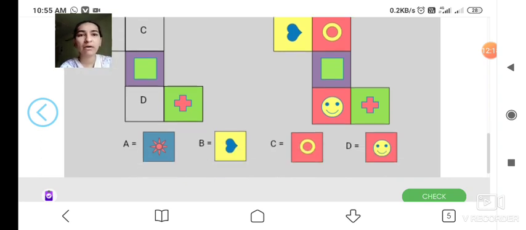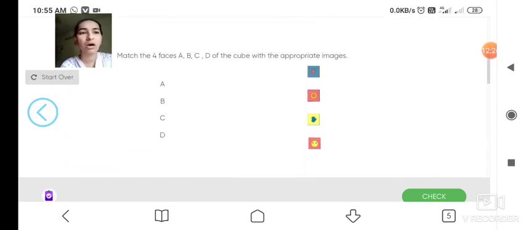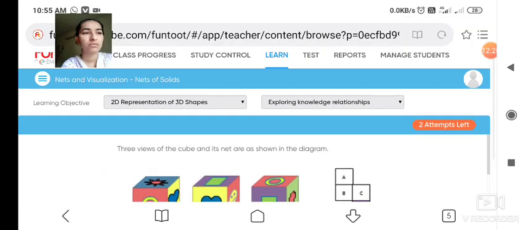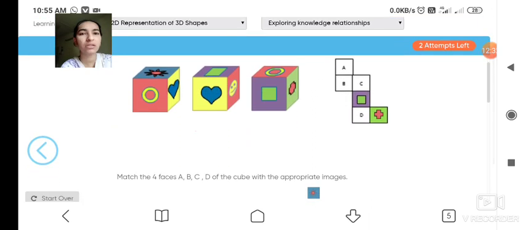Okay, this is the correct match for the four faces. Okay, you have to imagine how they are. Okay students, understand the nets and the visualization of a net, how to find the net of a 3D object.